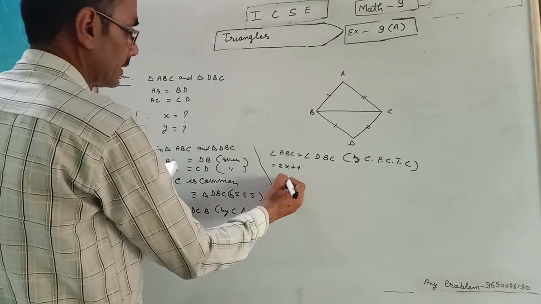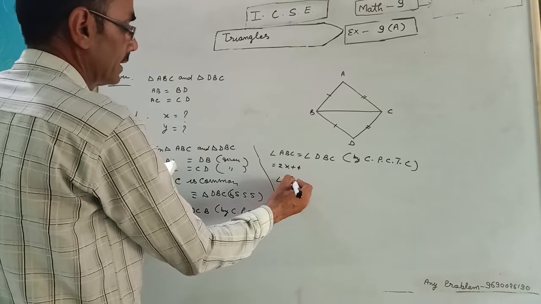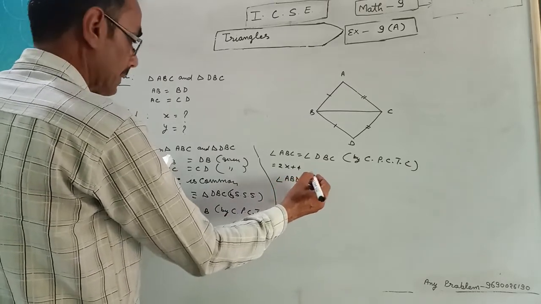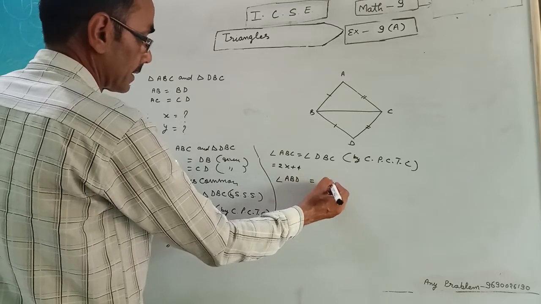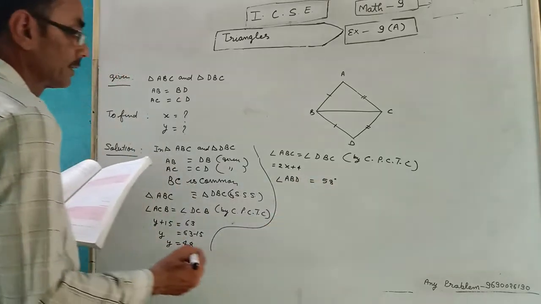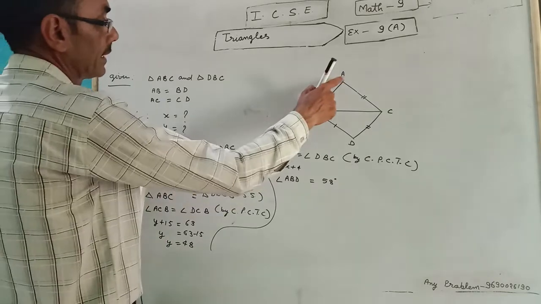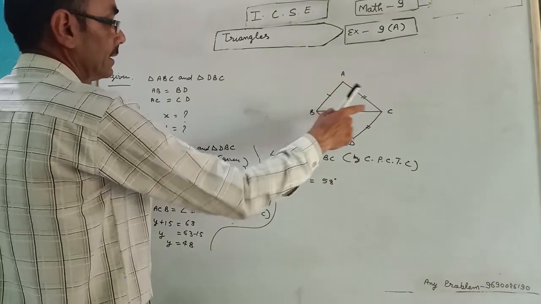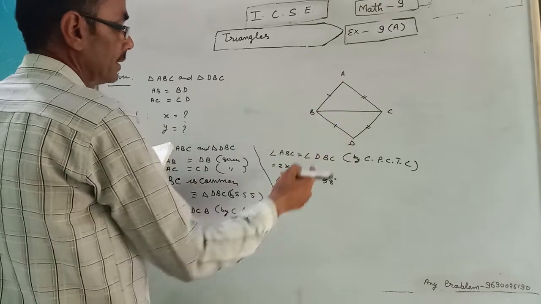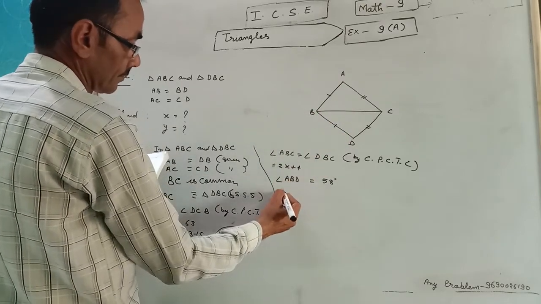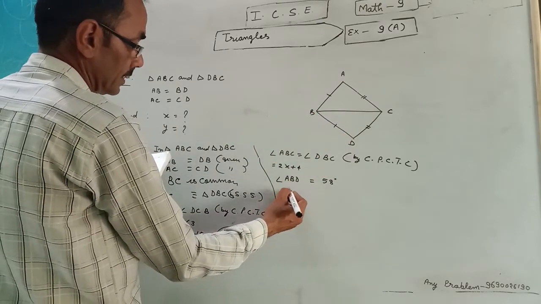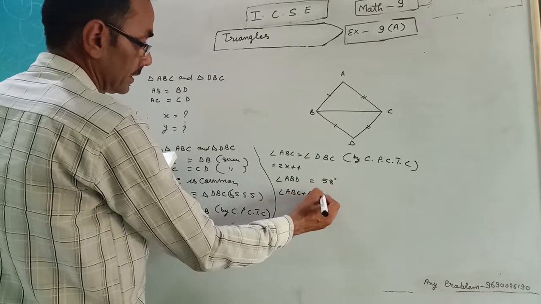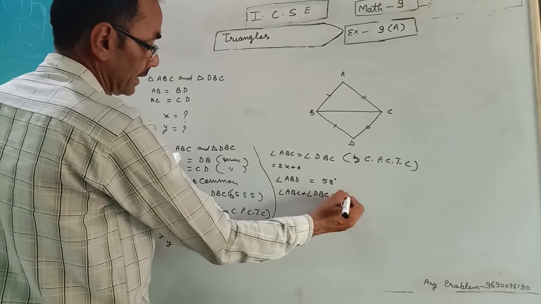Angle ABD equal to 58 degrees, given. ABD will be ABC plus angle DBC equal to 58 degrees.